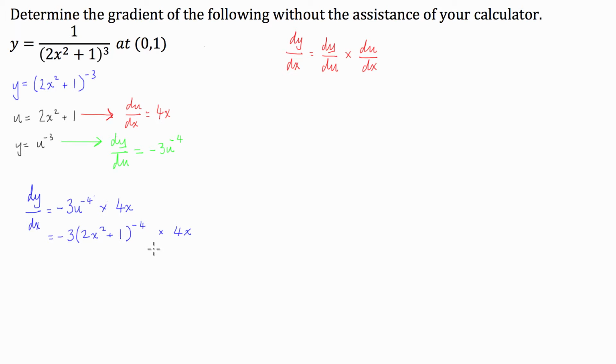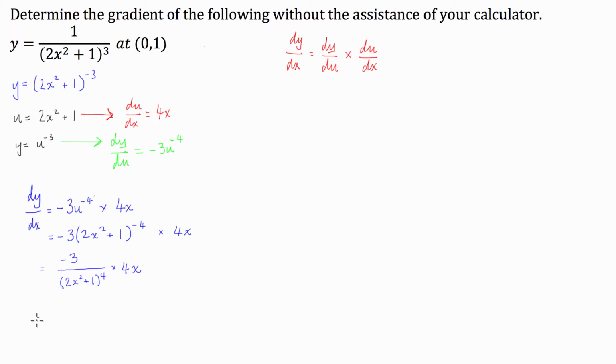Now, that's basically almost fully done, but it's going to be very difficult for us to work with a formula in this form, because of this negative power. A negative power means it's got to go down underneath, so it's going to be 1 over whatever's there. So it'll be negative 3 divided by 2x squared plus 1 all to the power of 4, times 4x.